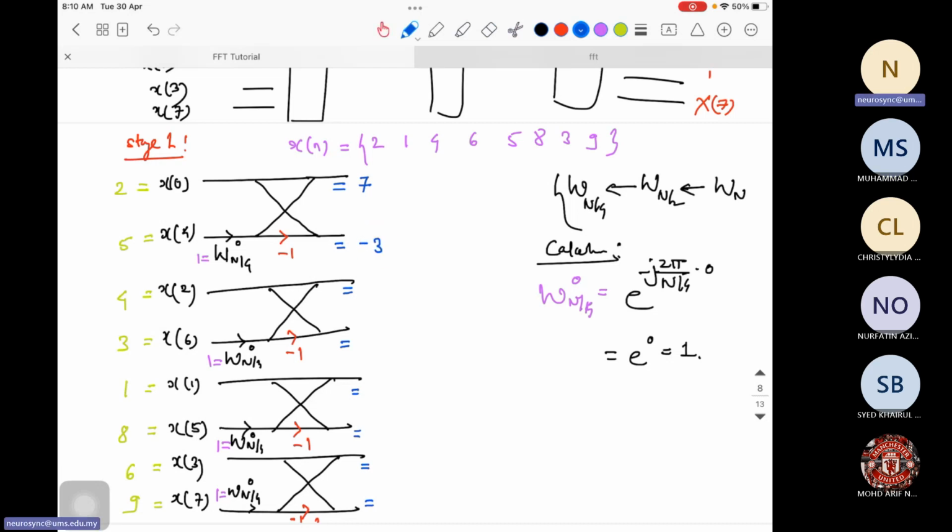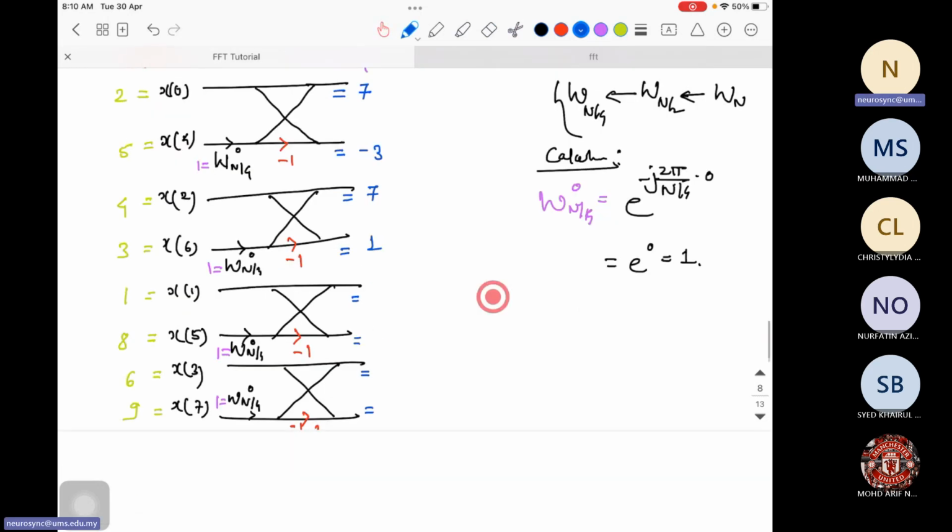Then this value is 7. This value is 1. Correct.